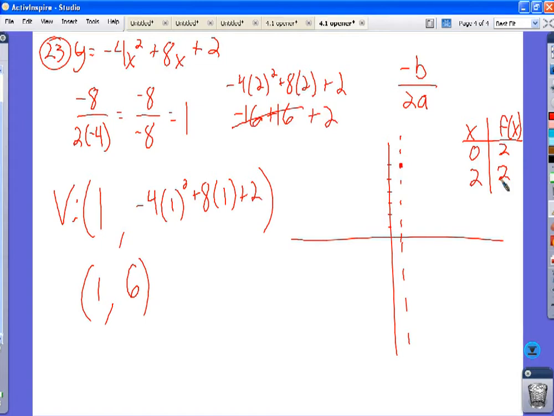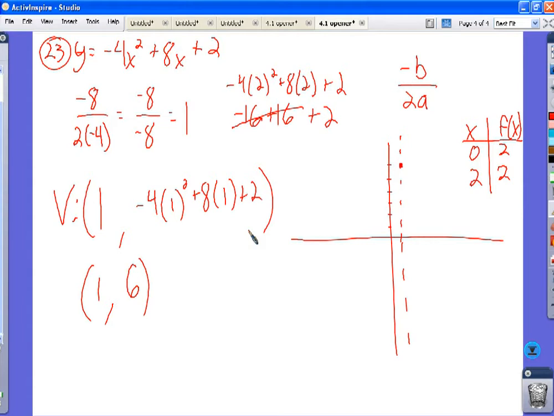How'd you get the 1 and all that to y? How did I do it? Where do you get the 1? This 1? From here? Just plug 1 into that, right? Plug in 1 for x, find out what y is.